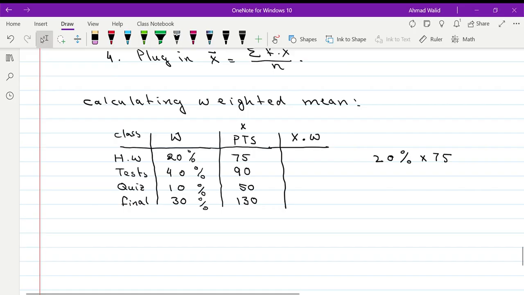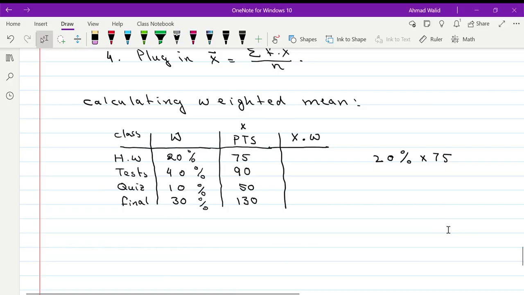If you don't know, if you don't remember, do it this way. Let me bring up the calculator. I will show you, even if you don't know what is 20% or what is 30%. 20% means 20 divided by 100, which gives you 0.2, correct?